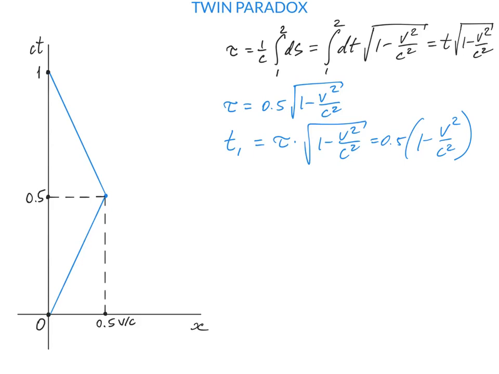During the outward journey, her reference frame has the CT prime axis that is parallel to the world line of her rocket. So this is the CT prime axis of Alice's reference frame as she is moving out. And her X prime axis goes like this.